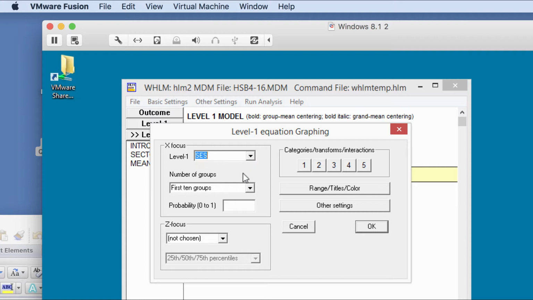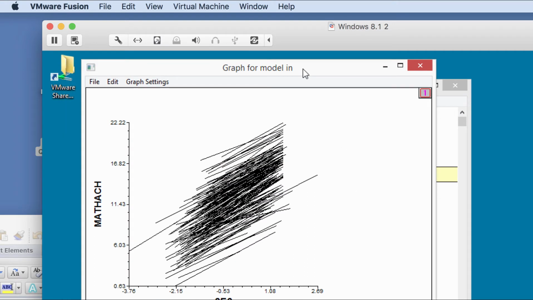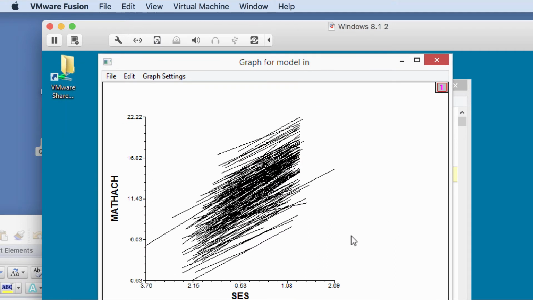I'm going to pick SES, use all 160 schools, and then go OK. This shows me the relationship between math achievement and SES, and the slopes for all 160 schools.